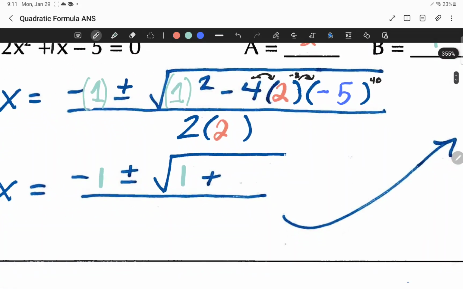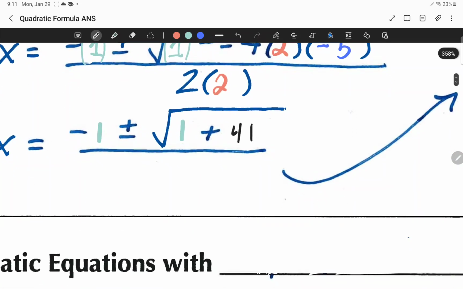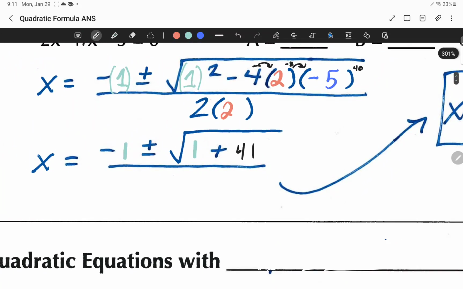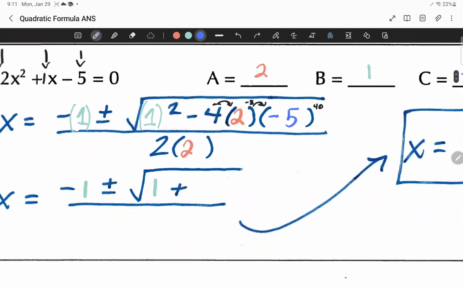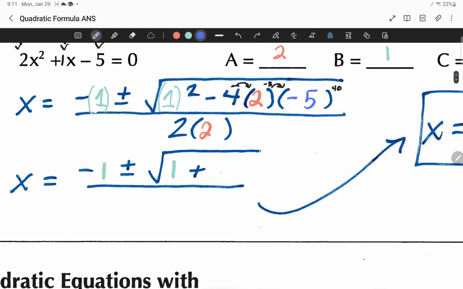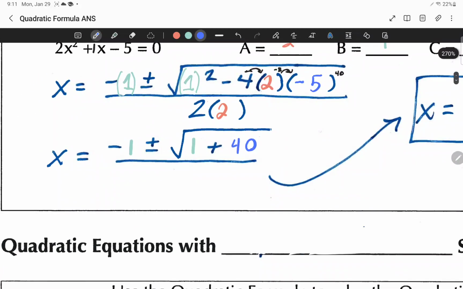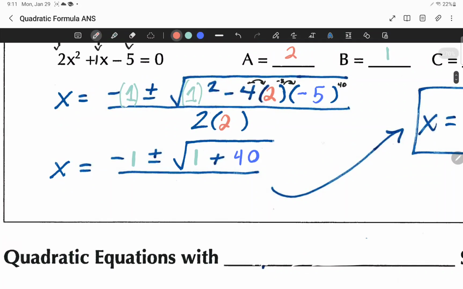So that's what we're going to put right here. Positive 40. Okay. Now on the bottom, 2 times 2 is, let me go back. So that one's going to be a combination of both of them, so 40. That's 40. And then on the bottom, we're just going to have 2 times that, that's 4.